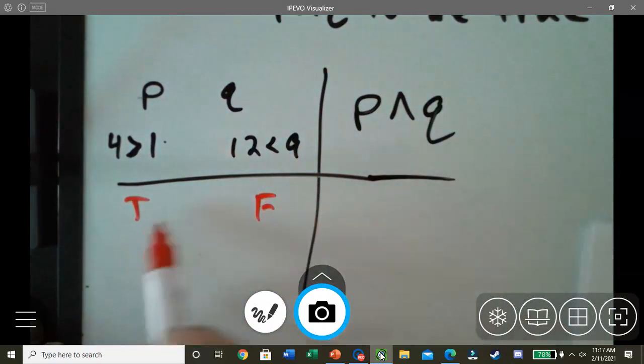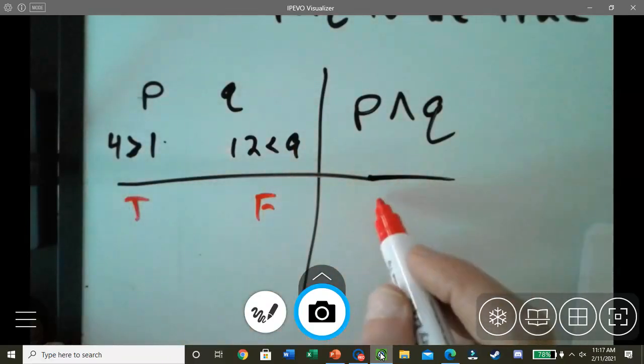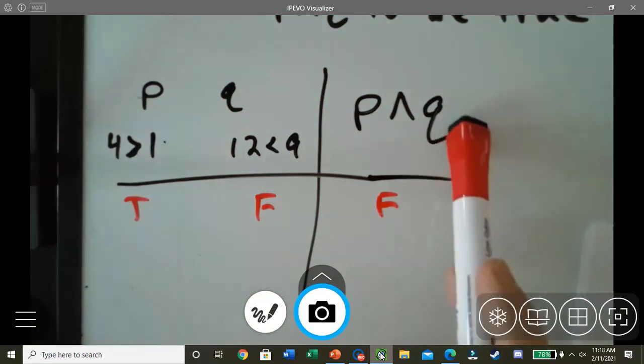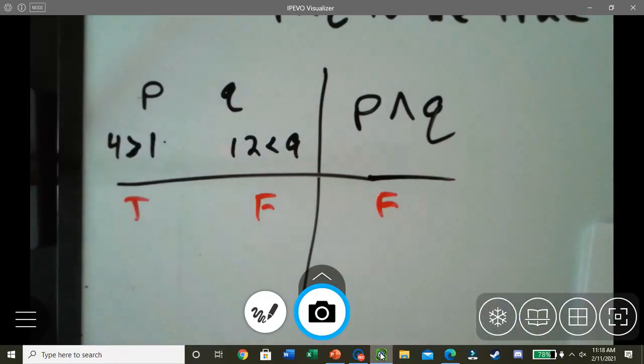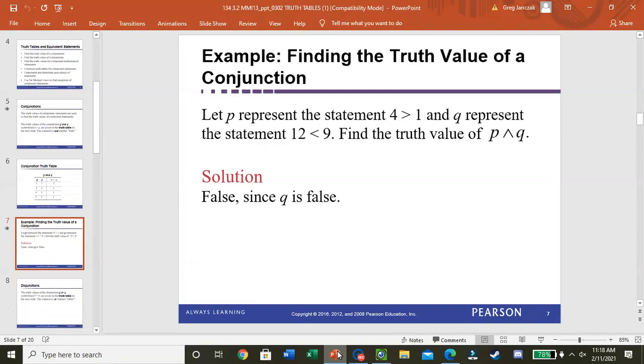So we're saying true and false is false, okay? So the only time P and Q are true is when they're both true, okay? When you and your friend are going to the party, okay? Questions with that? All right. So that's a false statement.